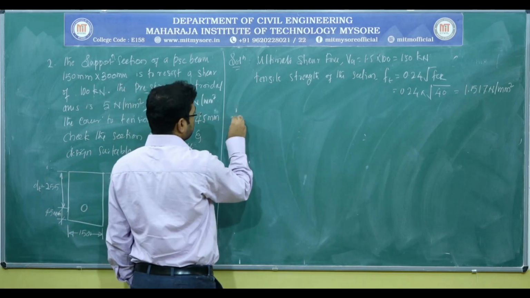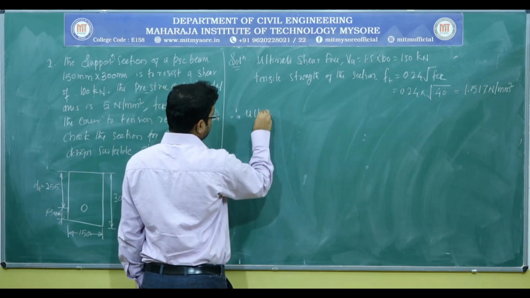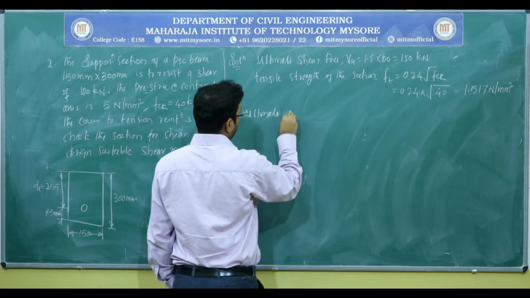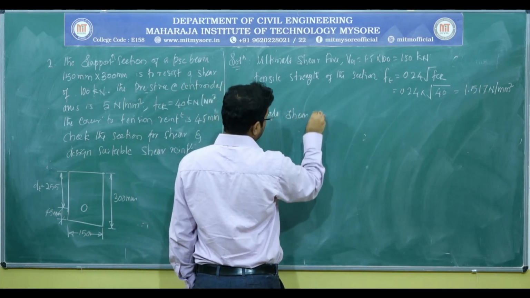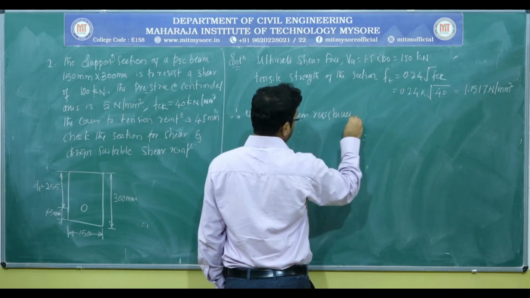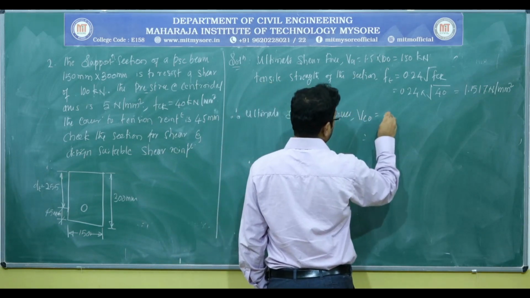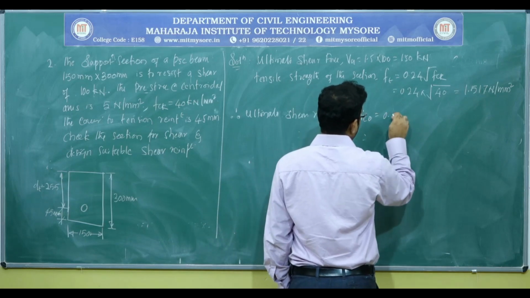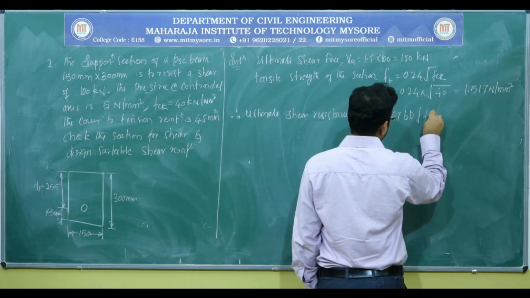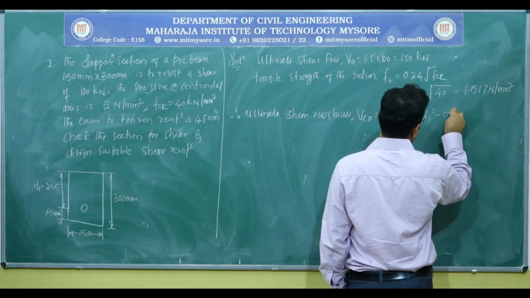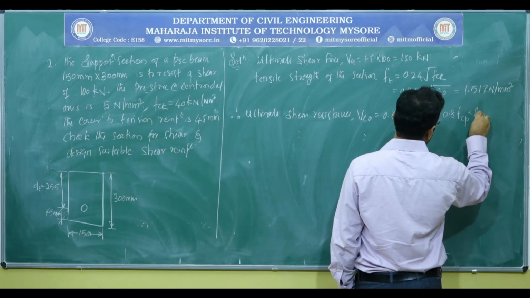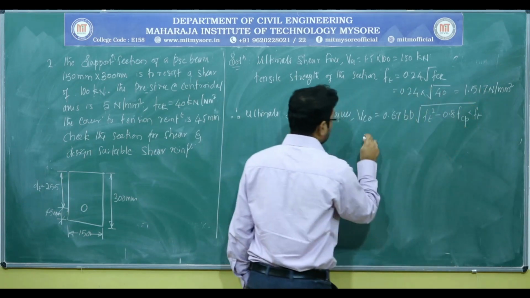Therefore, the ultimate shear resistance, Vco, is equal to 0.67 b D into ft square minus 0.8 fcp into ft. So this is the formula.